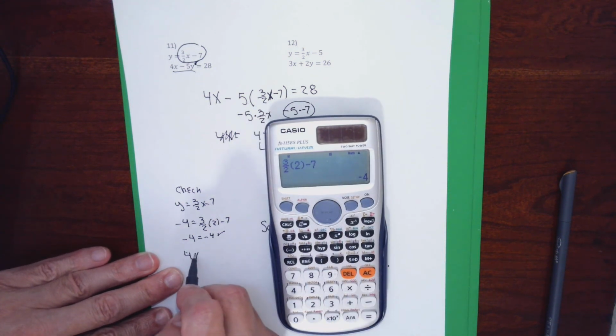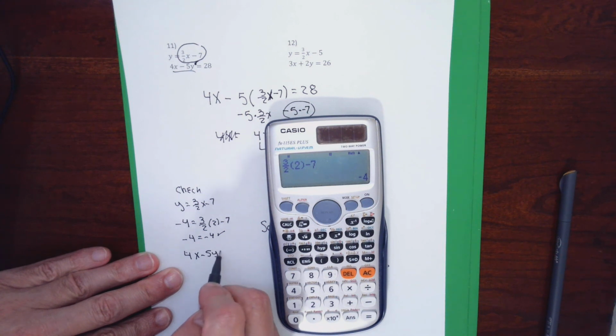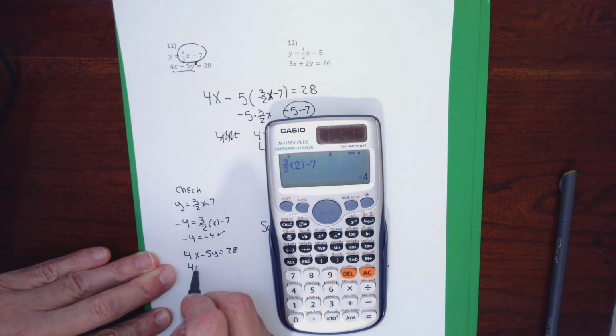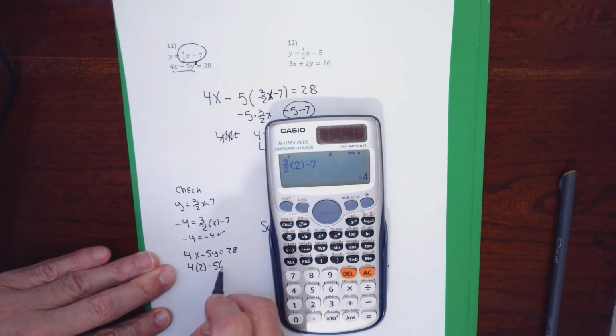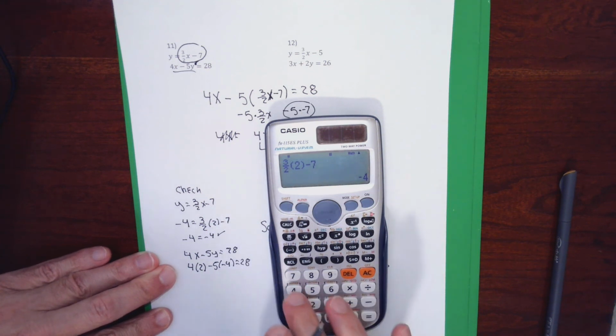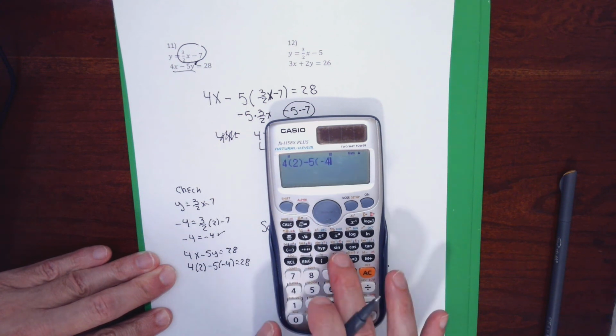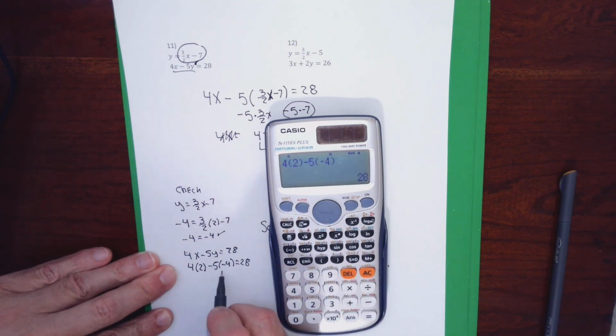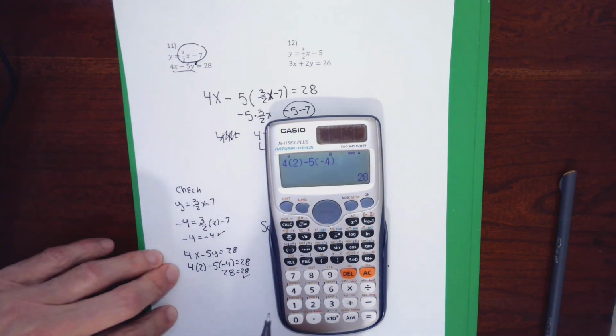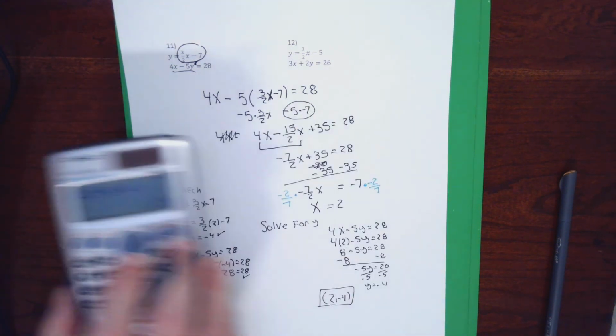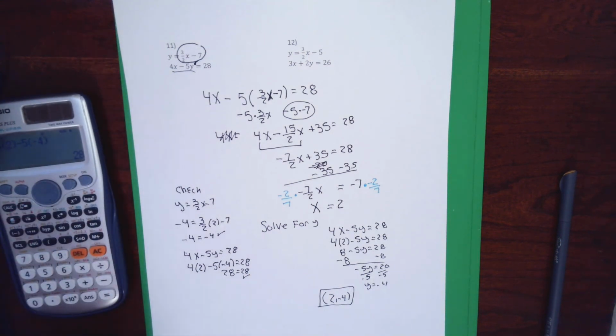I'm next going to check 4x minus 5y equals 28 by plugging in 2 for x and minus 4 for y. And I'm going to make sure I get a true statement. So if I do 4 times 2 minus 5 times negative 4, that gives me 28 equals 28. So I know my answer is correct because I've checked it in both equations, and that's what I should do every time.